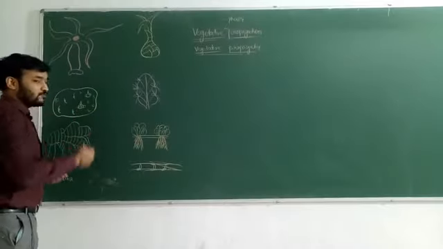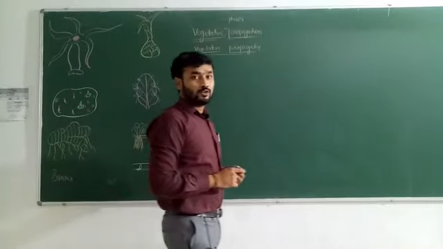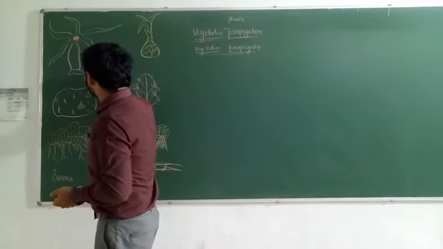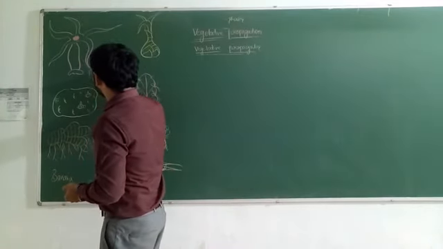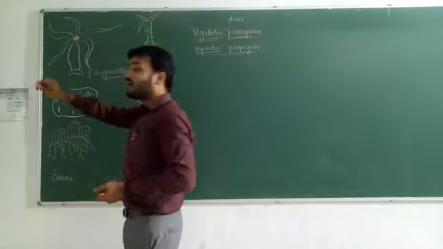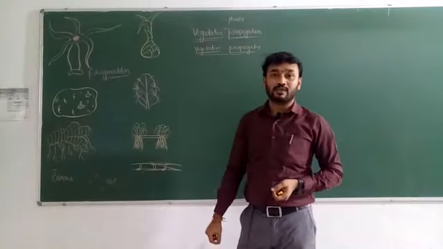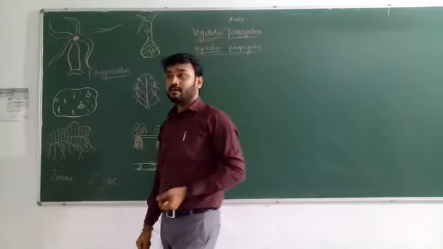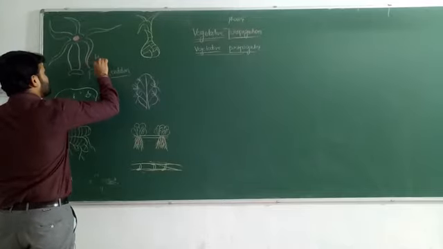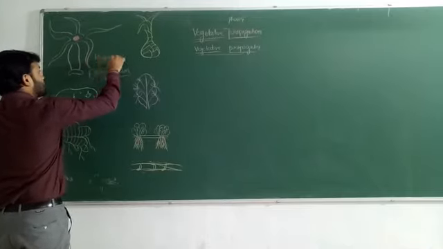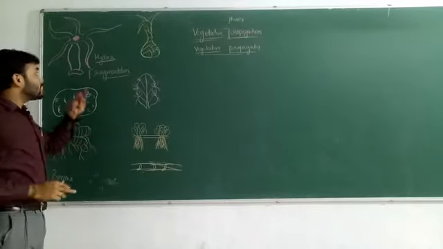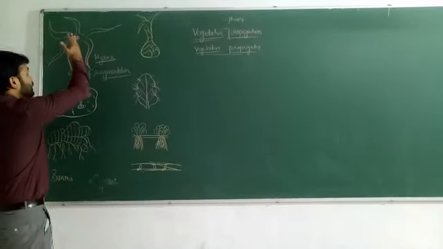You can see some pictures on the board, but before going to this, let us have some concepts. Let us come to fragmentation. In the previous session we saw Hydra as one of the best examples for budding. Fragmentation can also be seen in Hydra.